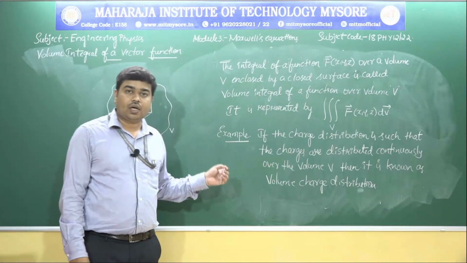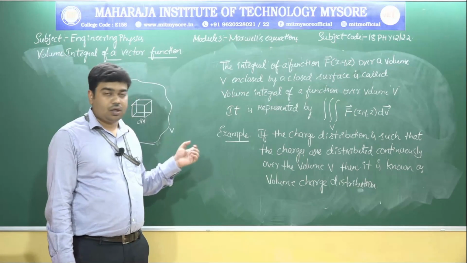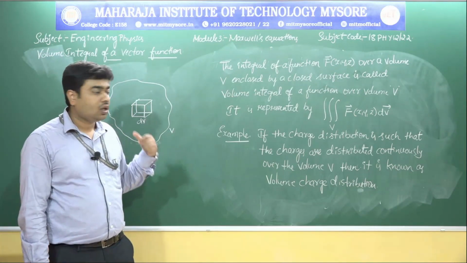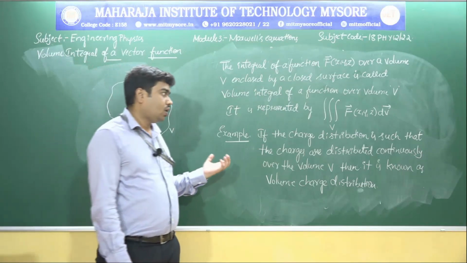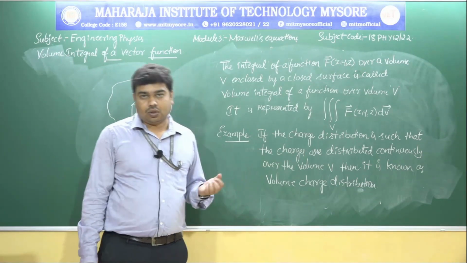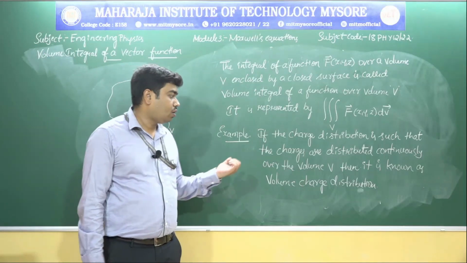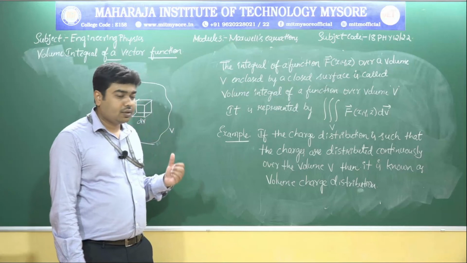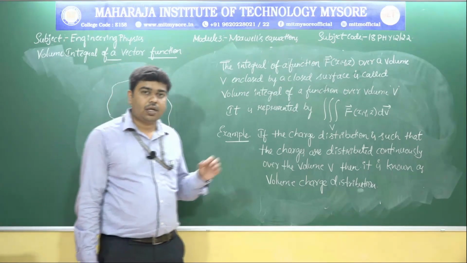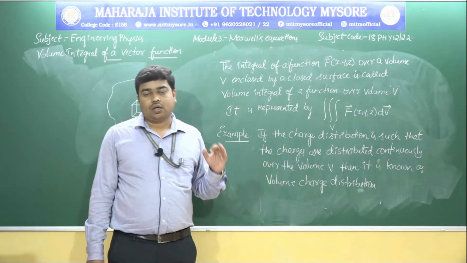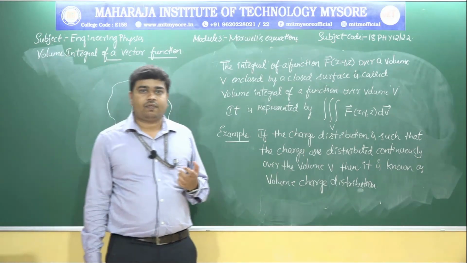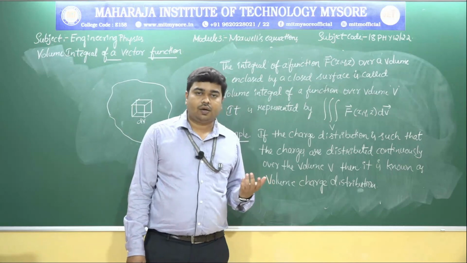So this is one of the examples for the volume integral. If the charge distribution inside the volume V is such that it is distributed continuously throughout the volume V, then it can be called volume charge distribution. So this is regarding the three types of integrals: the line integral for a curved line, the surface integral for a closed surface, and the volume integral.